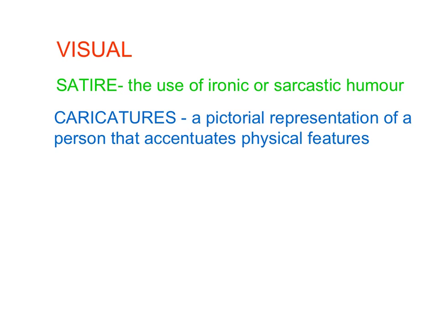Aside from caricatures, there are a number of elements to a cartoon that need to be considered if you're going to analyse it effectively. So one of those is colour and how that might be used symbolically.